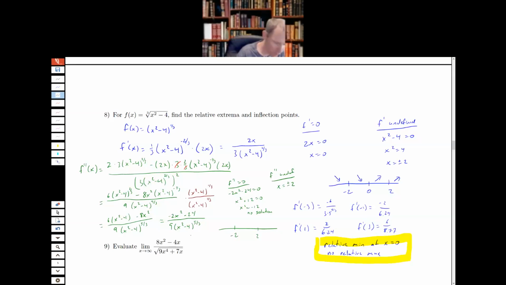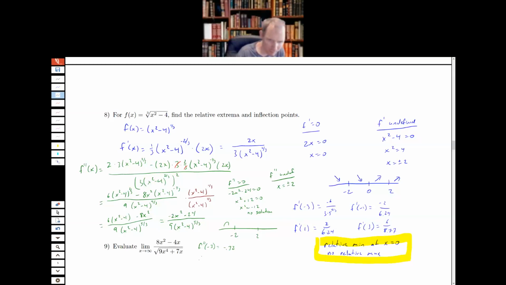All right, so first thing I want to plug in something to the left of negative 2. I can plug in, say, negative 3. And I end up with negative 0.32. So it's concave down. Then I'll plug in, say, 0, and I get 0.26.